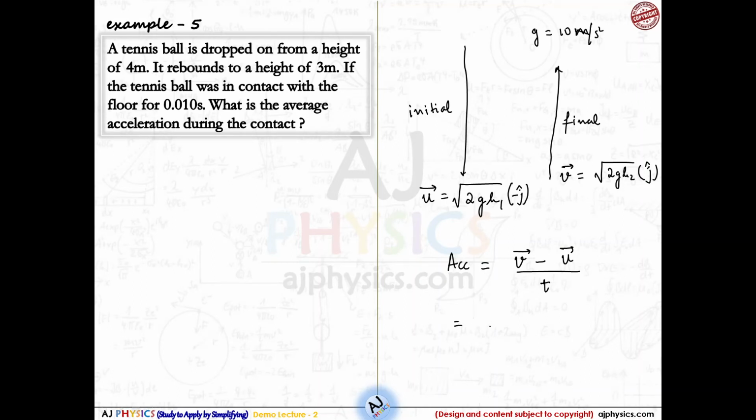So this will be equal to under root of 3 multiplied by 2, this is 6 into 10, so this is under root 60 j cap, and u will be equal to under root 80 minus j cap. Let's substitute the values here. This is under root 60 j cap minus of minus under root 80.